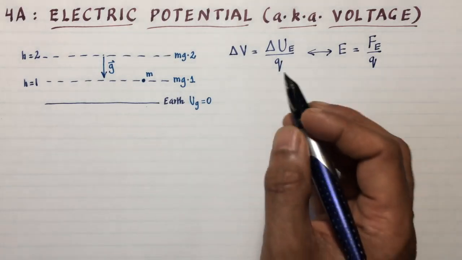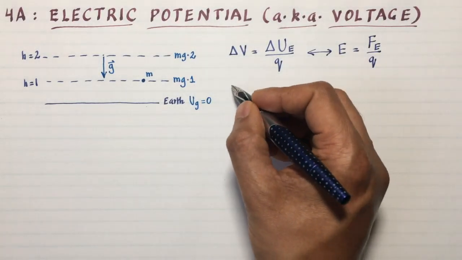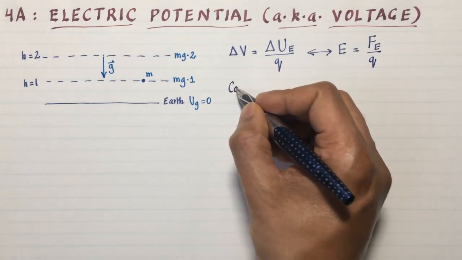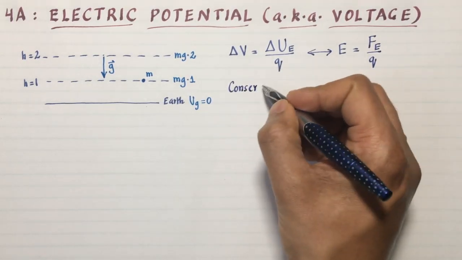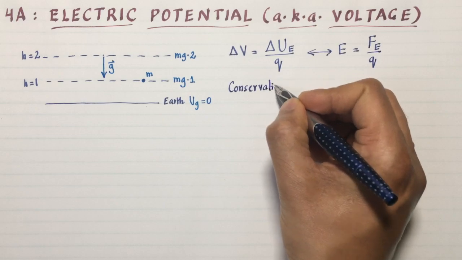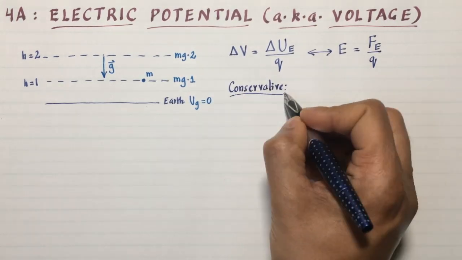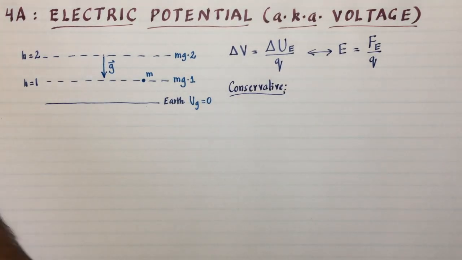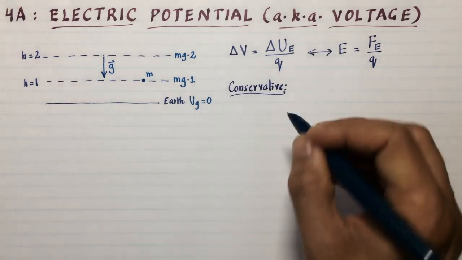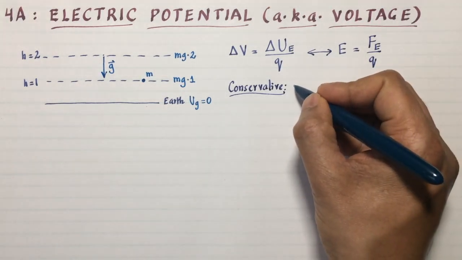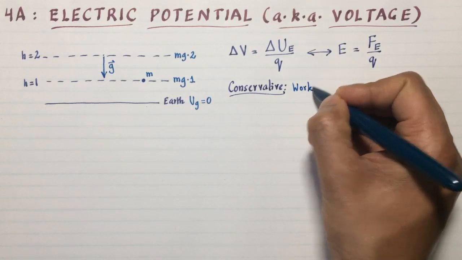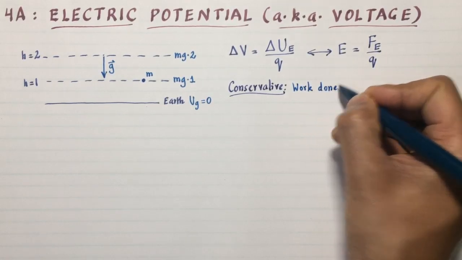Now, to make that clear, let us also talk a little bit about conservative forces, which is a subject that you studied in UP1. A force is called conservative if it satisfies one of many conditions, and the most important condition is that the work done does not depend on the path taken.